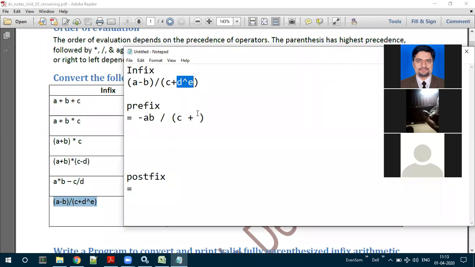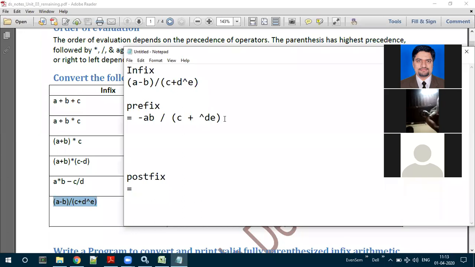D to the power of E means in the prefix we need to write the operator first, followed by both the operands. What are the operands here? D and E. So now we have converted D power E into prefix form.